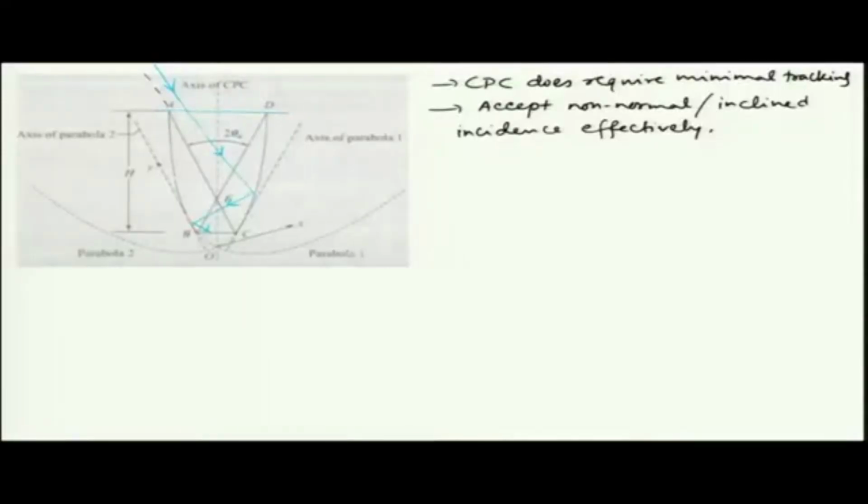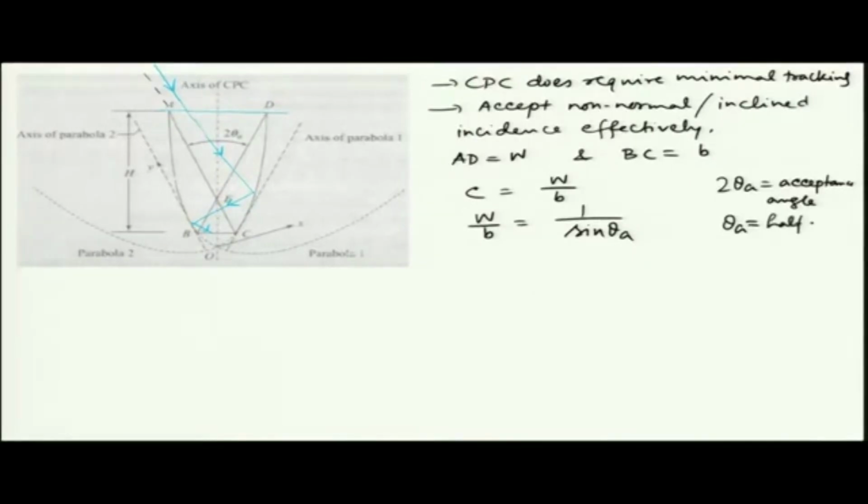Okay. Now, if we try to analyze it in more quantitative form, then what we can write, let us say that this AD is our width of the aperture W, okay, and BC, which is the width of the receiver B. Okay.